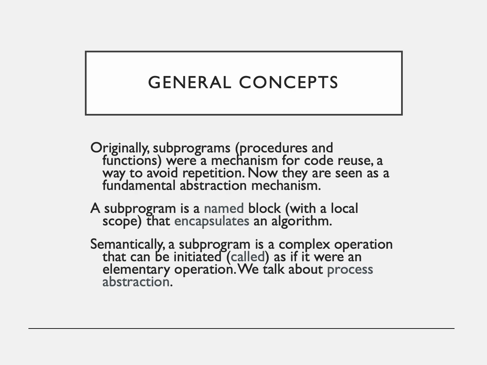Now, semantically, subprograms represent more than just blocks of code. They embody the concept of process abstraction. This means we can treat complex operations as if they were simple, elementary operations. This abstraction allows us to call these operations without worrying about the details of how they are implemented.